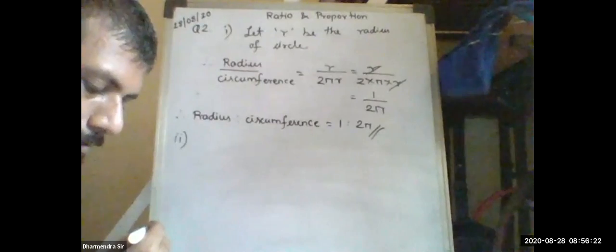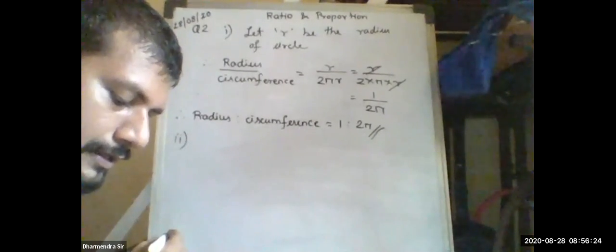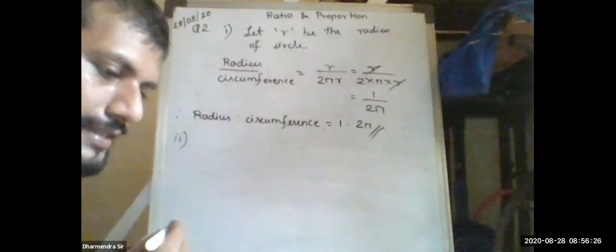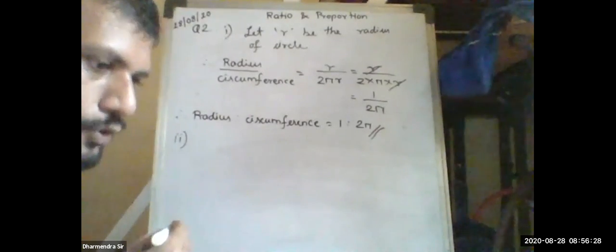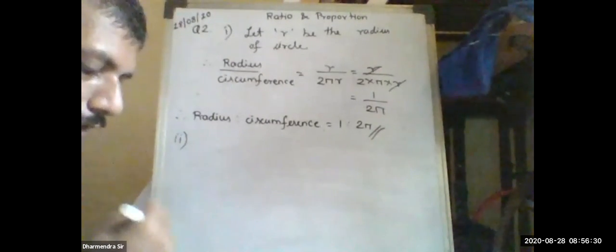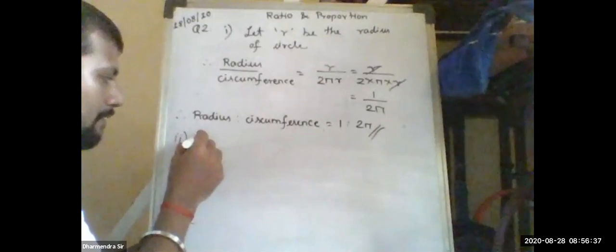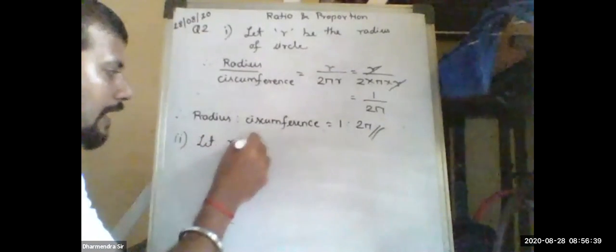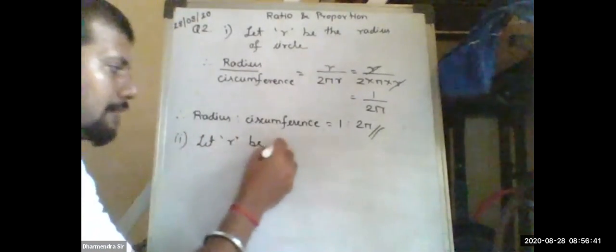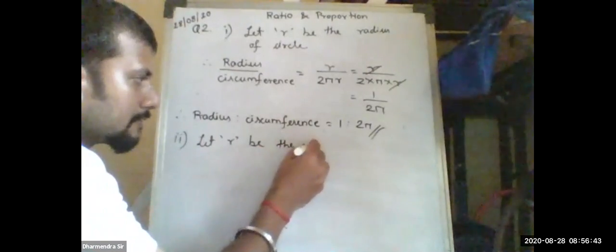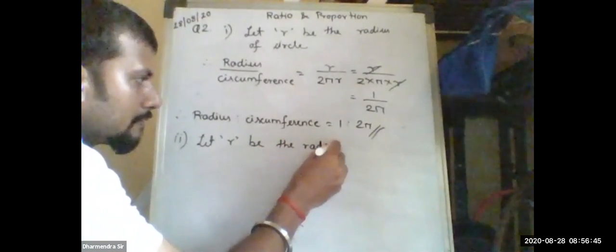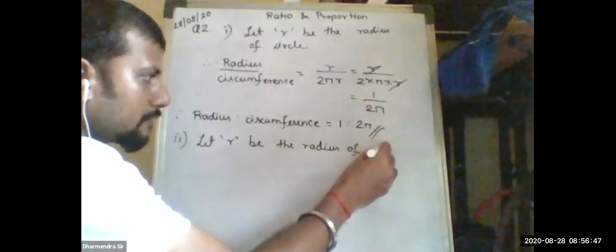Now second one. The ratio of circumference of a circle with radius r to its area. So this time they are saying find the ratio of circumference to the area. So let r, small r, be the radius of the circle.